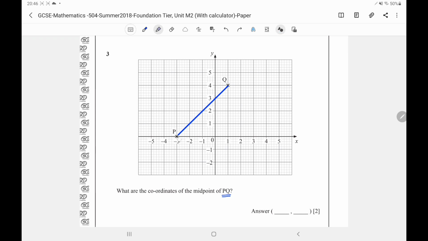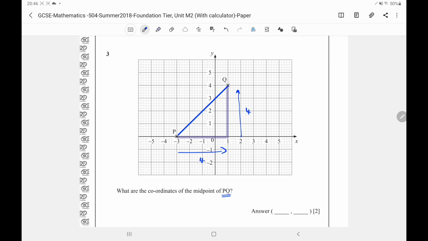Well, if we were to take this route to go from P to Q, then we would be going across 1, 2, 3, 4, and up 1, 2, 3, 4. So to get from P to Q, you would go across 4 and up 4.